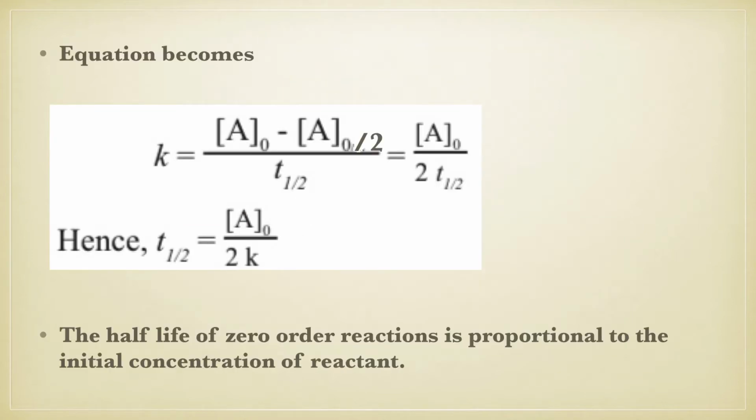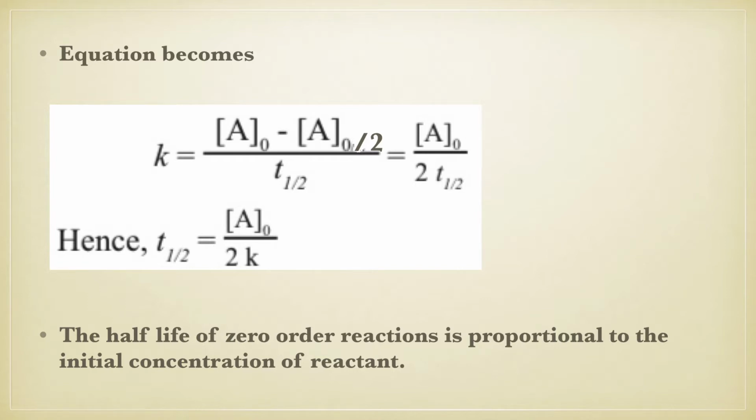So the equation becomes k is equal to the initial concentration minus the final concentration, which is replaced by A naught upon 2, so it will be the molar concentration of A naught upon 2, upon t replaced by t half. Now I can cross multiply the numerator.